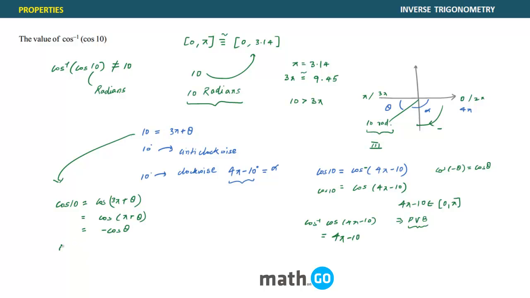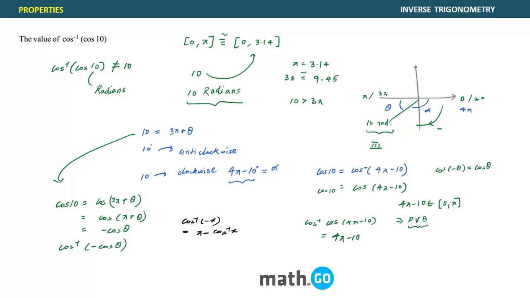So where you land up is, you are going to solve cos inverse of minus cos theta, and we just did this earlier also, and we will be doing this in the formula section as well, the other property, that cos inverse minus x is nothing but pi minus cos inverse x. This is the property.